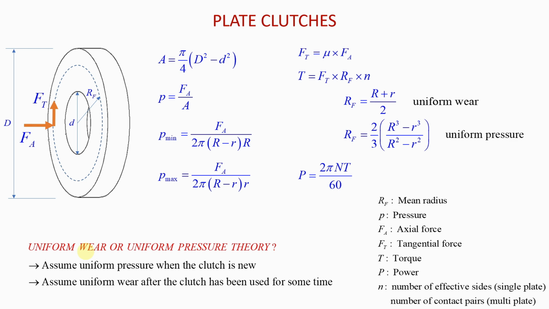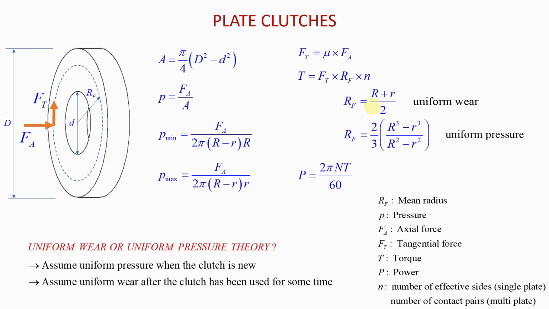If you are dealing with a clutch that is new, you can assume uniform pressure. So therefore to calculate RF, you will use this equation. But if you're dealing with a clutch that has been used for some time, then you can assume uniform wear, and therefore you will use this equation to find RF. Of course, if a clutch is new, it hasn't worn off yet. It hasn't gone through so much time of rubbing against things so that it will wear off.